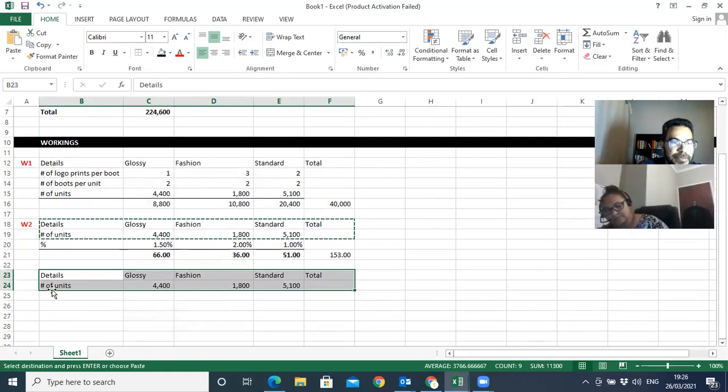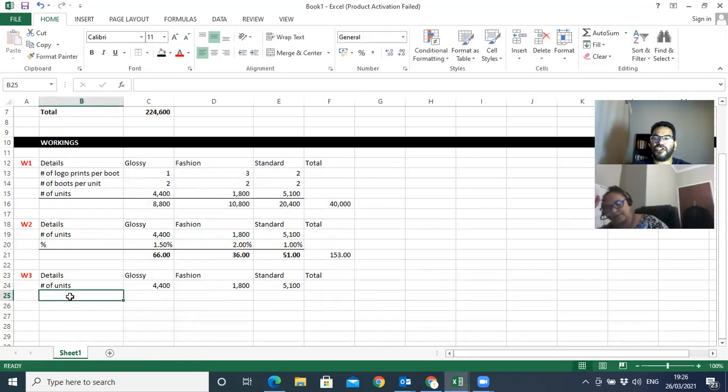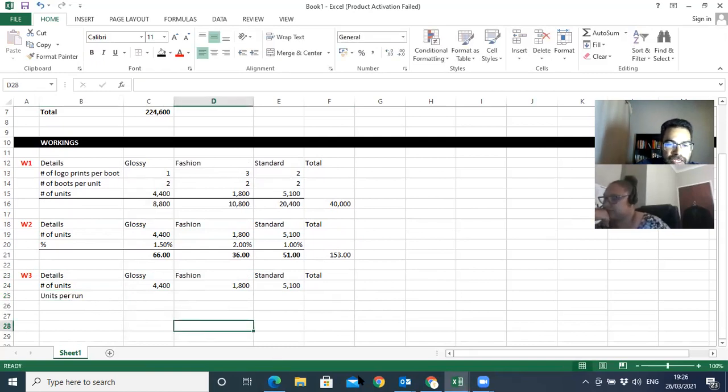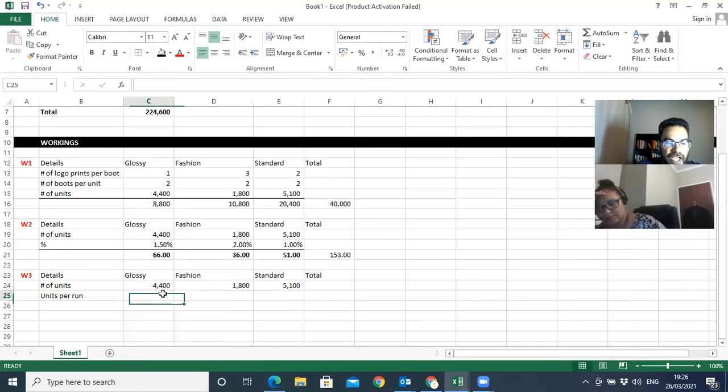Okay, so I'm using that same information, number of units. But they're saying each run, so we're going to say units per production run. They're saying each run contains 220, 180, 255.